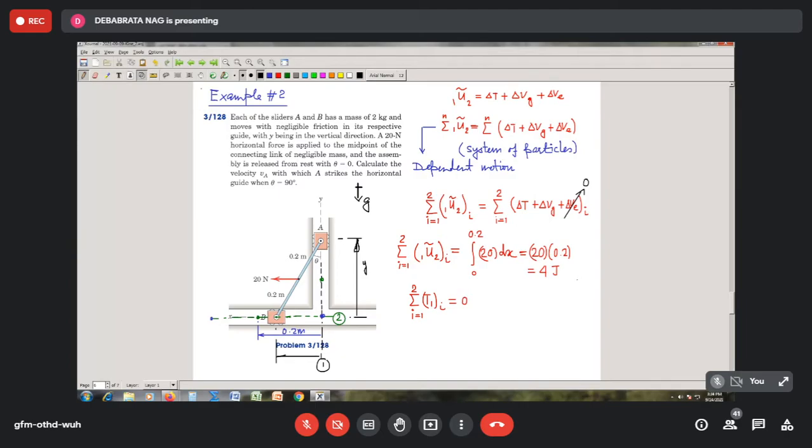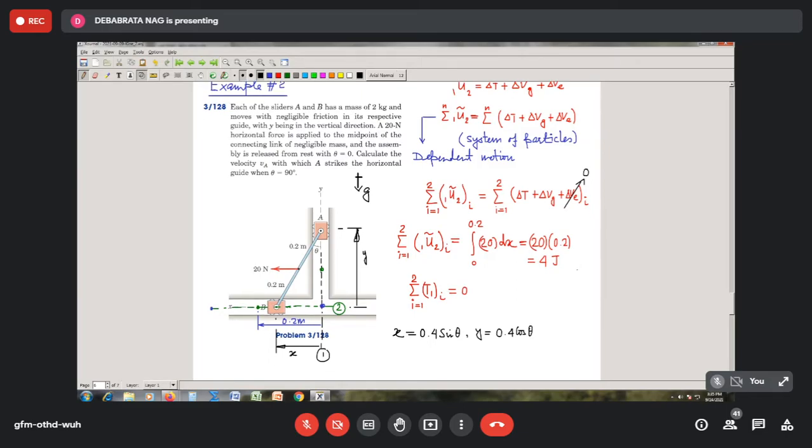So these are your positions for any arbitrary consideration. Using this theta as my variable, I can write x is equal to 0.4 sin theta, and y is equal to 0.4 cos theta.